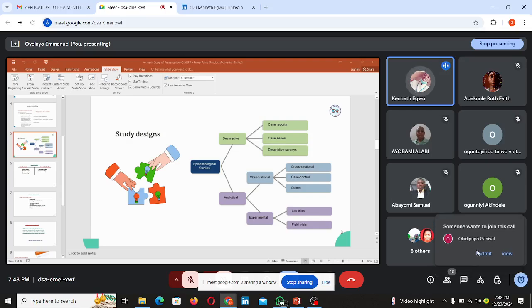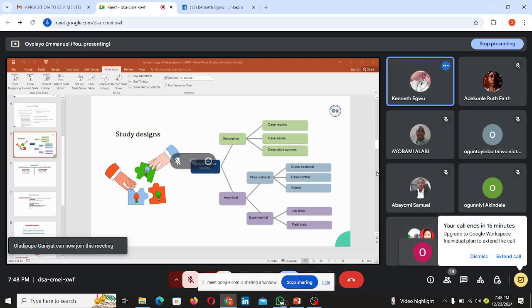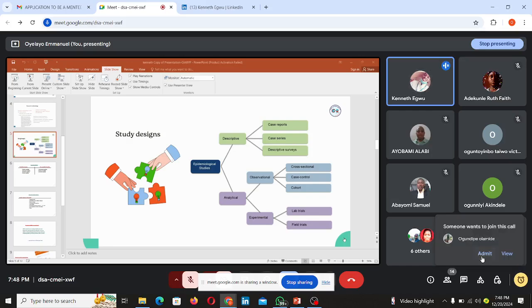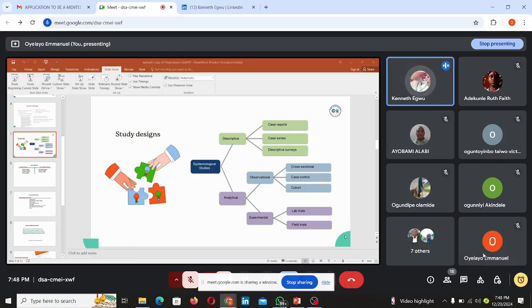But the opposite of cross-sectional is longitudinal, whereby you follow up on your particular study. Maybe you conduct a research today to find out their perception, and then you continuously follow up on those samples to find out if there's a particular change in their trend about that knowledge or their perception.